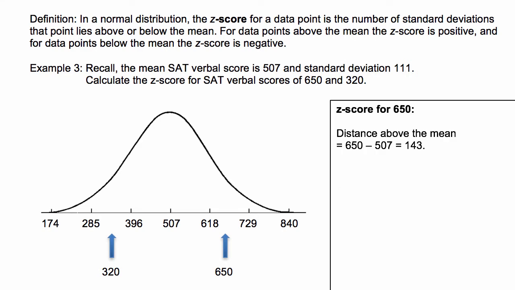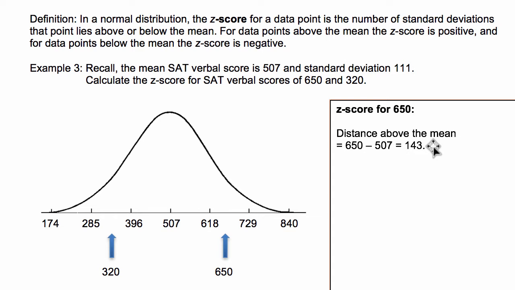The distance 650 is above the mean is equal to 650 minus 507, or 143. Notice this is more than one standard deviation, but less than 2 standard deviations above the mean. This means our z-score will be between 1 and 2.